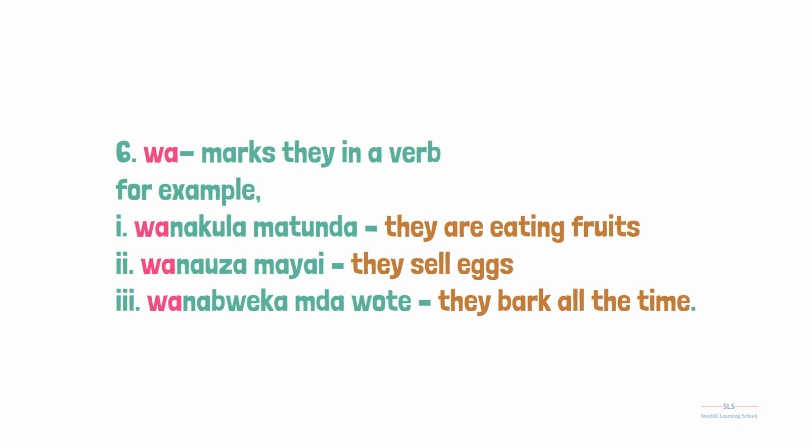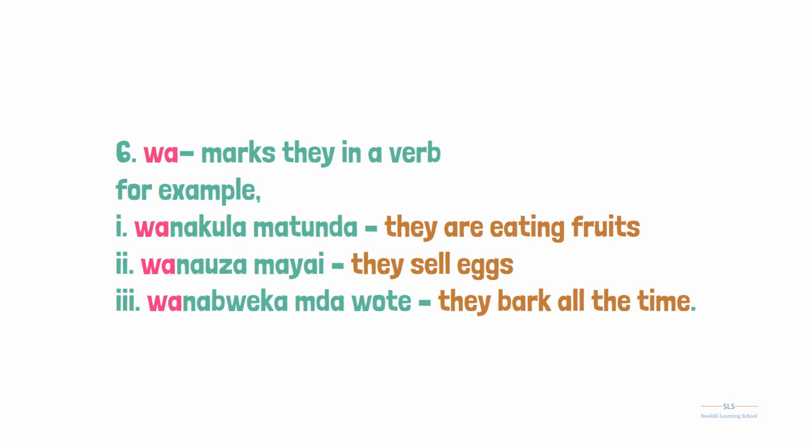So in Swahili, when we see these, wa, tu, ni, they have meaning and they stand instead. They tell us who is the subject of that sentence. And they are very important because they help people when introducing themselves.